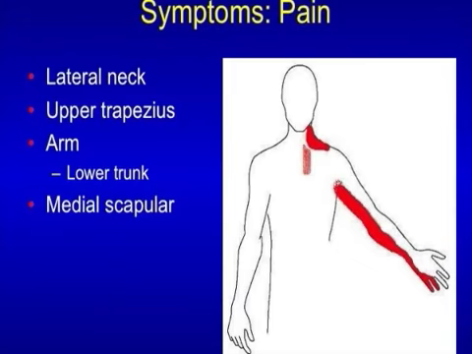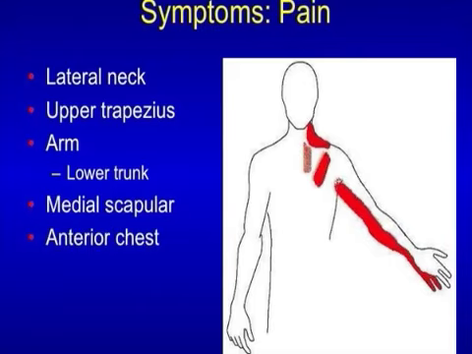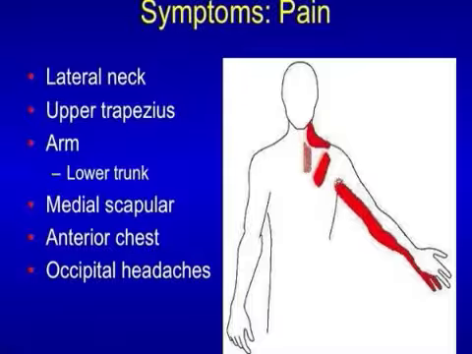A lot of them will present with medial scapular pain that's fairly characteristic, and also anterior chest pain in the pectoral region. Also, a high percentage of them will complain of occipital headaches. The real dilemma is there are a lot of other syndromes that can produce these same symptoms, and trying to sort out which is truly from neurovascular compression and which is just some other type of syndrome mimicking these symptoms is the real challenge.